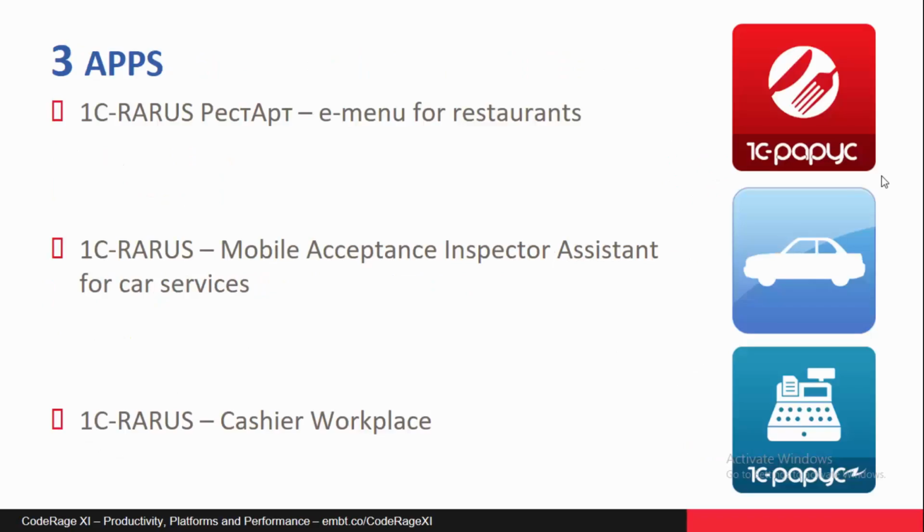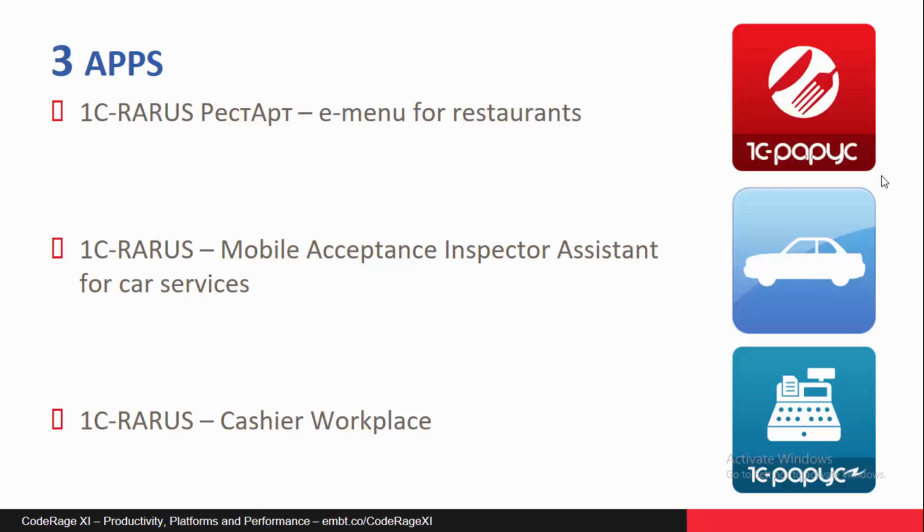With all these challenges, the team started the development of 3 applications. First was the electronic menu for restaurants. Second was the mobile acceptance inspector assistant for car services. It means when you are going to pass your car for repair or just service, this should be done in a mobile manner.